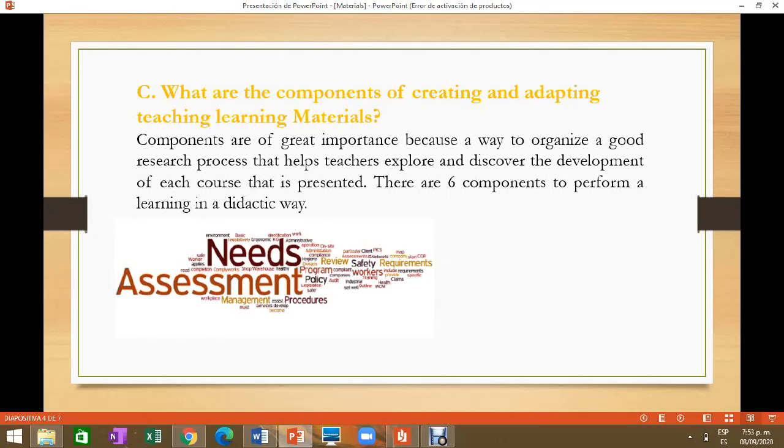One is needs assessment. It is essential because it orients decision making.